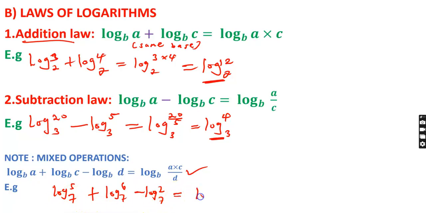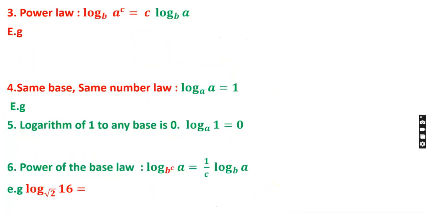So this will give me log 5 times 6, that is the addition here. The minus there will turn to a quotient over 2 base 7. And that will give me, 2 into 6 is 3, log 15 base 7. That's that. So let's go to the third law.